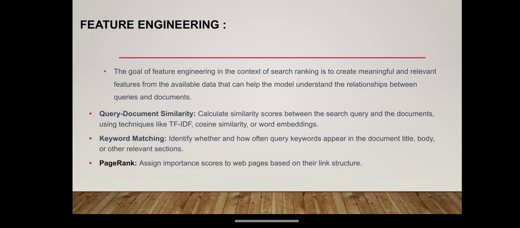Next will be feature engineering. First, the goals of feature engineering in the context of search ranking: creating meaningful and relevant features from the available data, which can help the model understand relations between queries and documents. There is query-document similarity, calculating the similarity score between the search query and the document using TF-IDF, cosine similarity and word embeddings. Keyword matching: identifying how often query keywords appear in the document, in the title, body or other relevant sections.